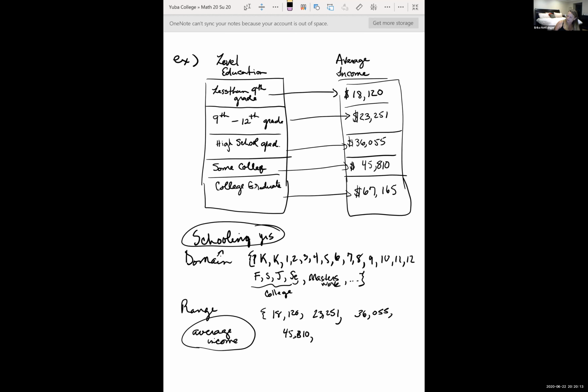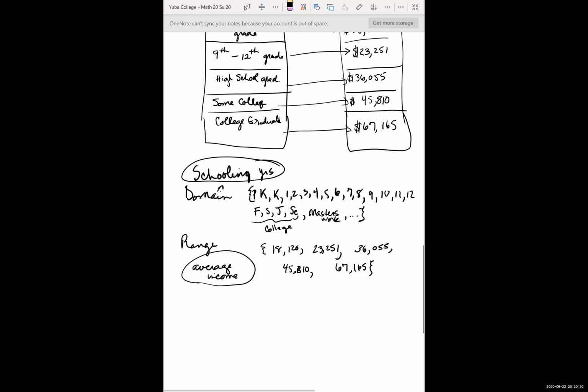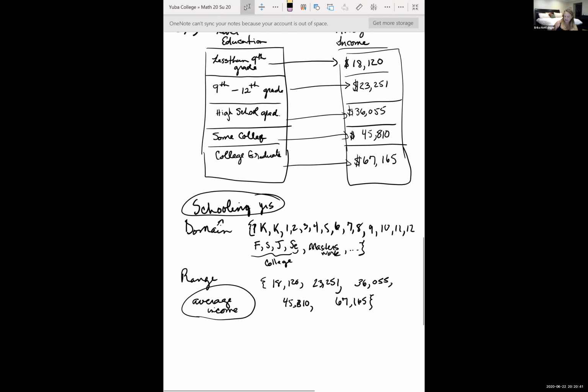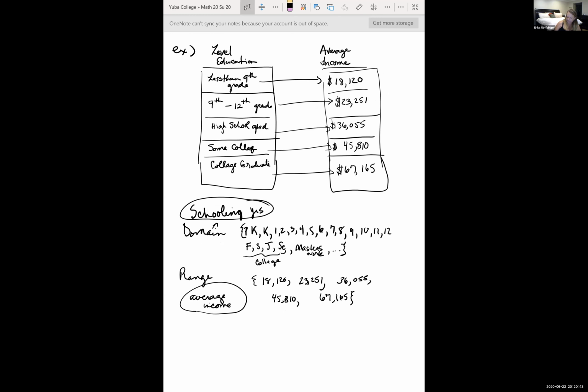So all of those different amounts. And so looking at this, is this relation a function?